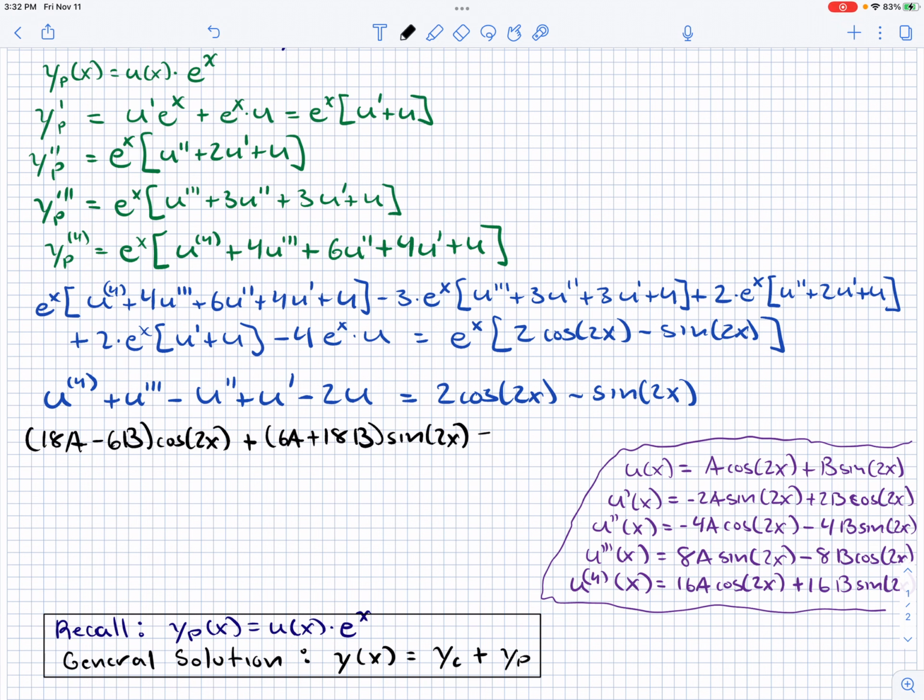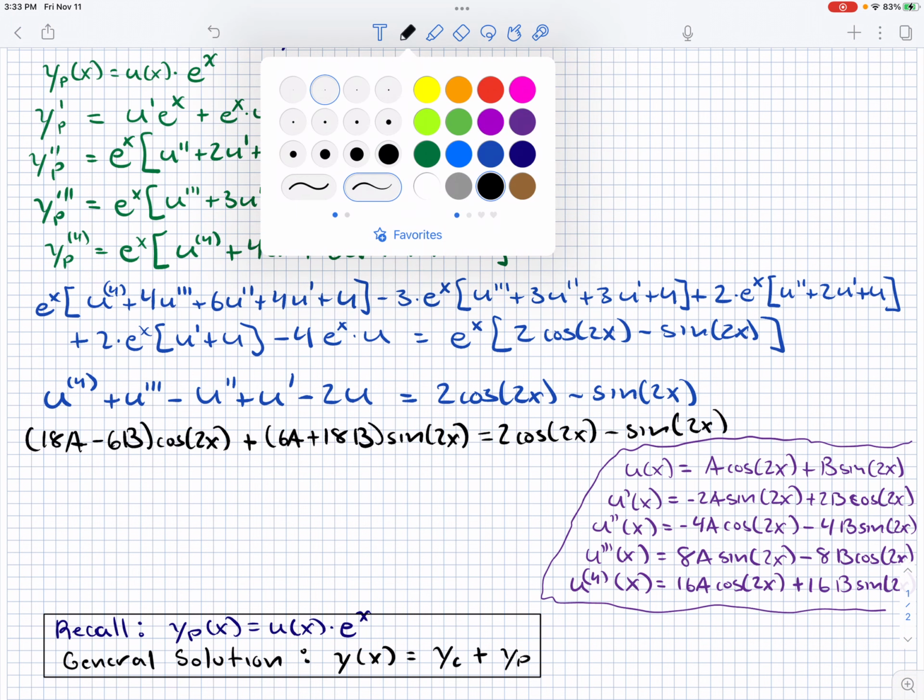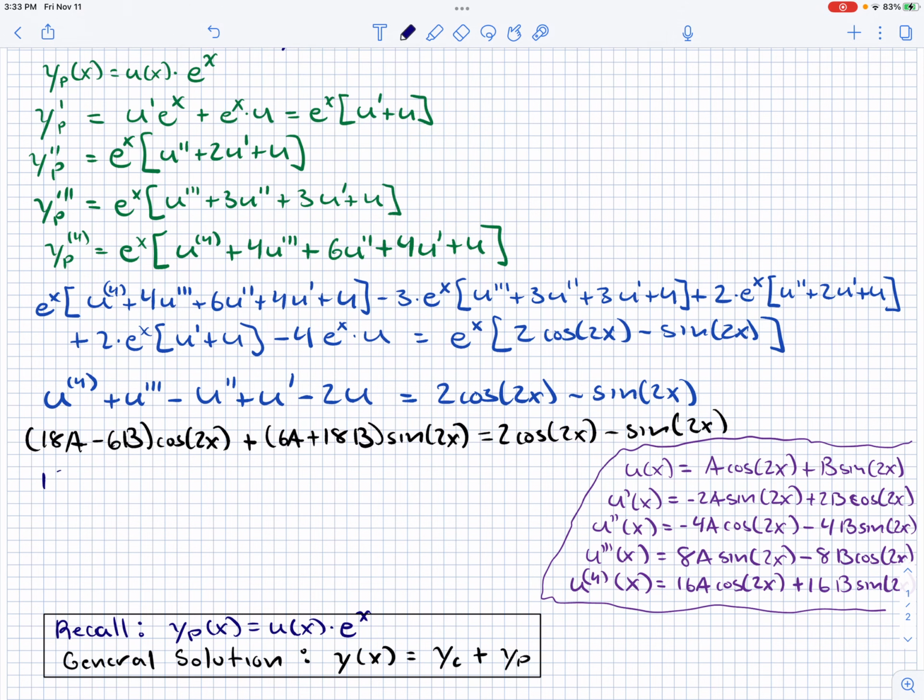And that is all equal to 2 cosine of 2x minus sine of 2x. And this is nice because now we can match the coefficient in front of each term. So 18a minus 6b will equal 2, which is the number in front of cosine of 2x.